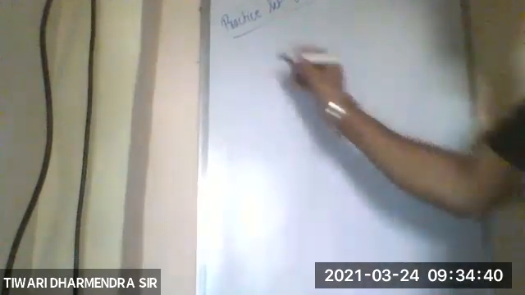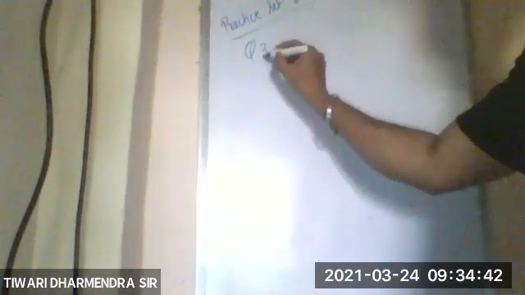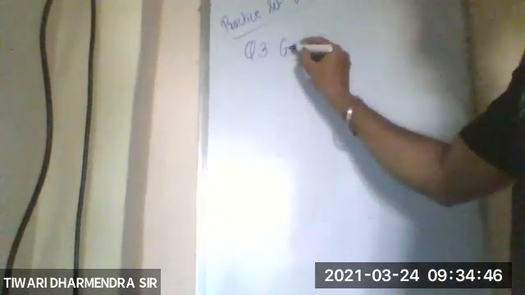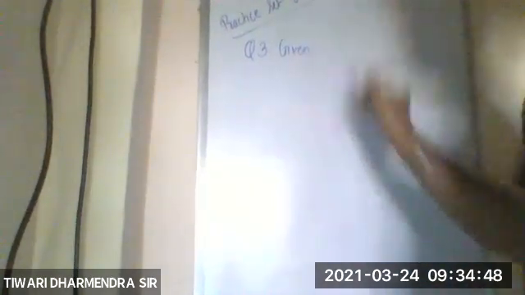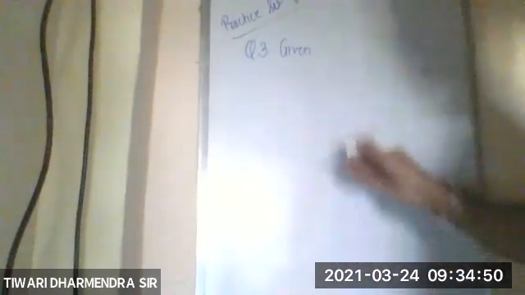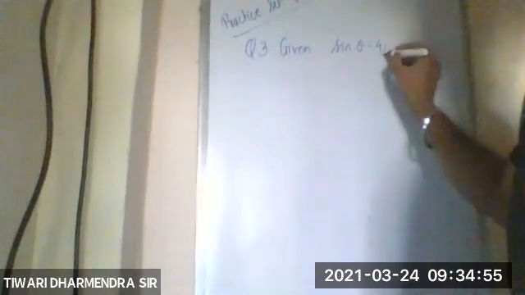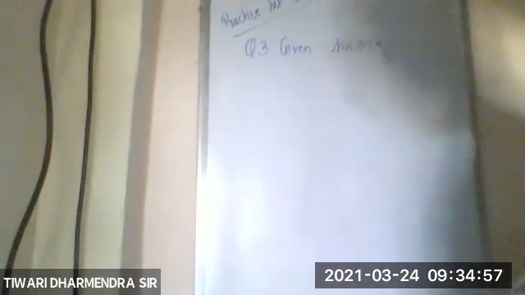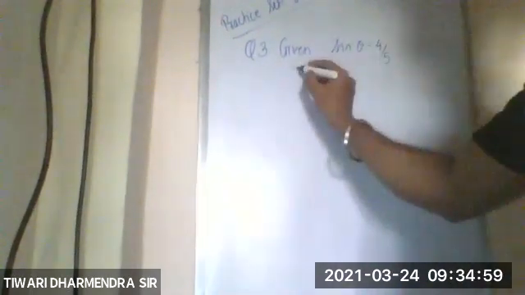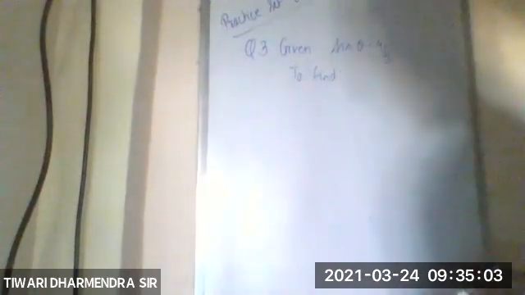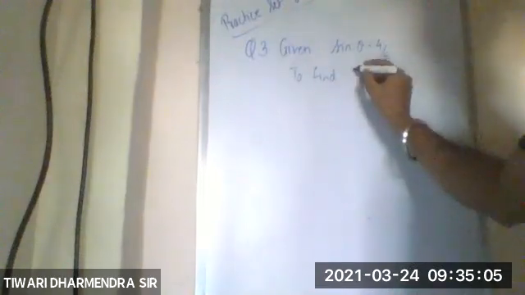So question number 3, given sine theta. Sine theta is equal to 4 by 5. They're asking us to find cos theta.